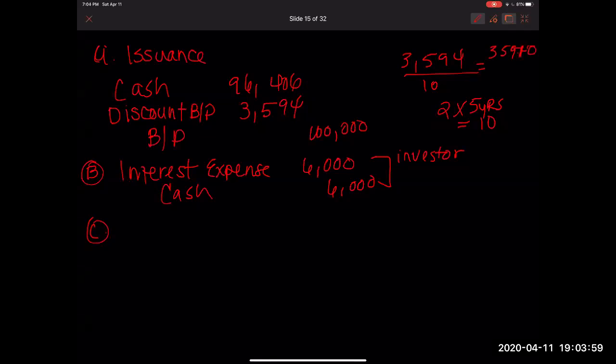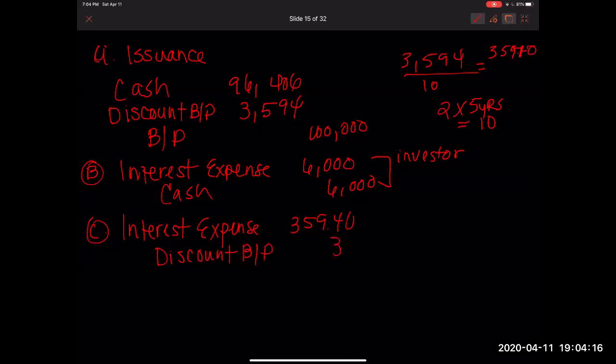To capture that, that's going to be interest expense in the amount of $359.40, and then my credit is going to be to the discount on bonds payable of $359.40.